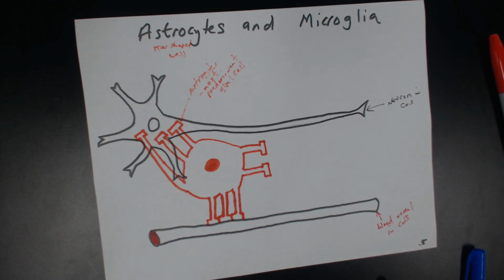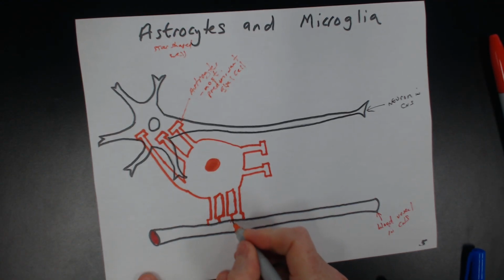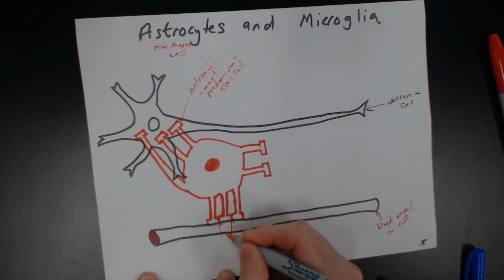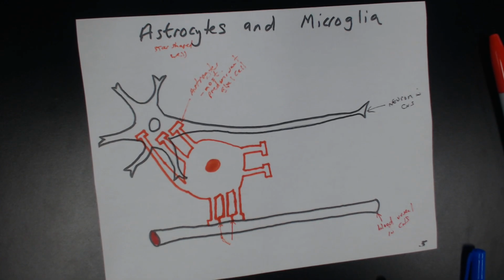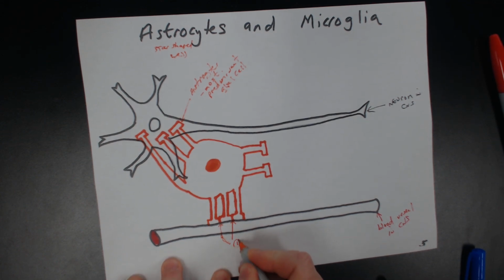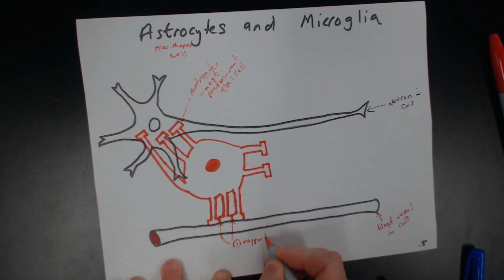The first one is going to be the tight connections that I've drawn here between these feet of the astrocytes. If you can see here, I drew them real tight together. And the first function of the astrocyte that I'm going to talk about is supporting the integrity of the blood-brain barrier.